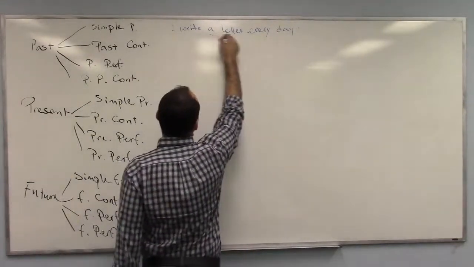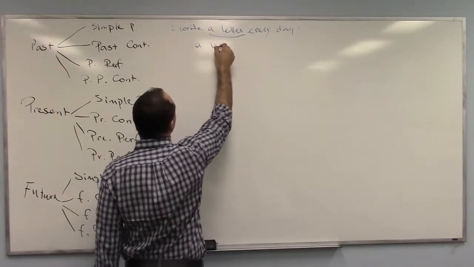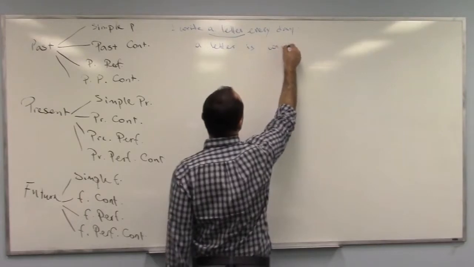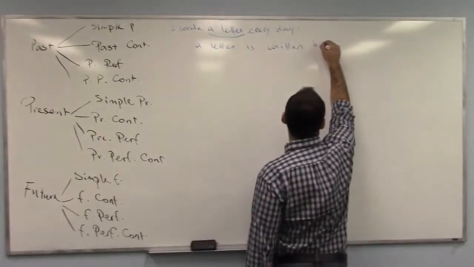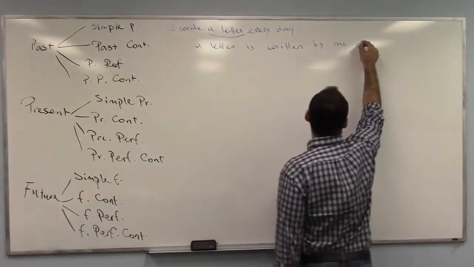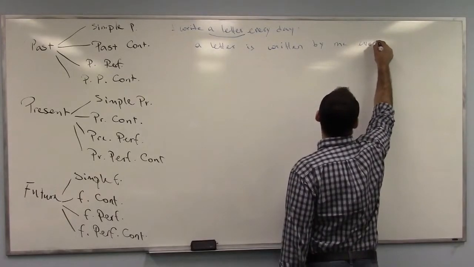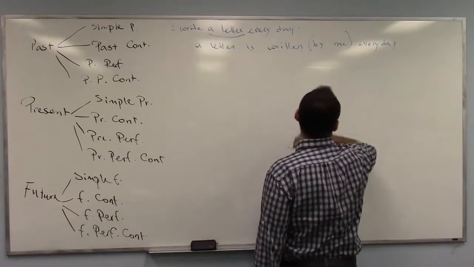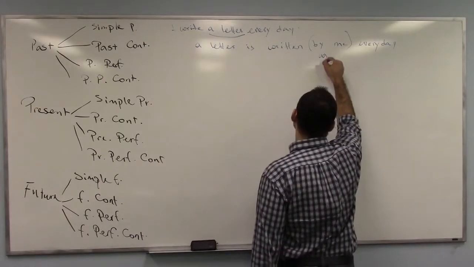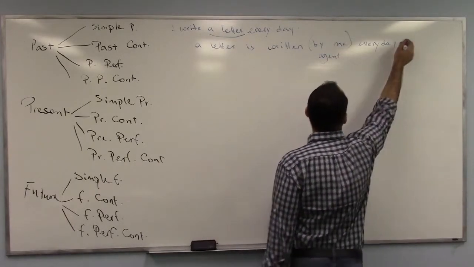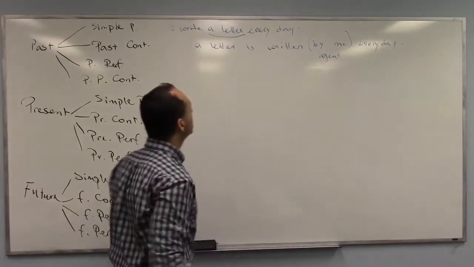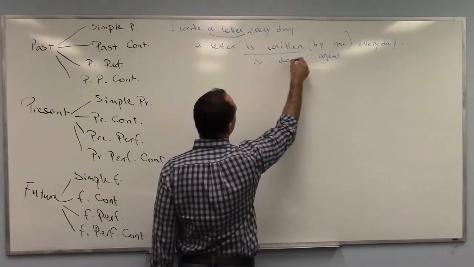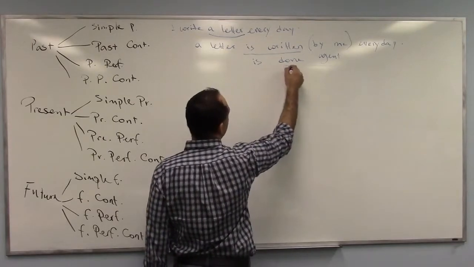I can say a letter is written by me every day. So I can say by me, this is the agent, the doer. Is written, is done: is plus past participle.